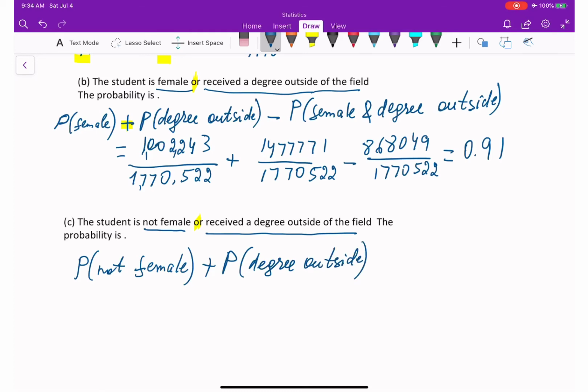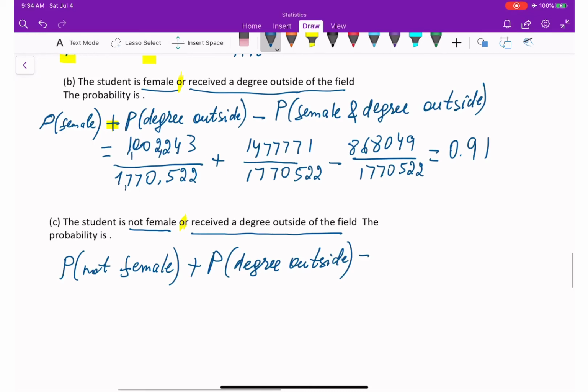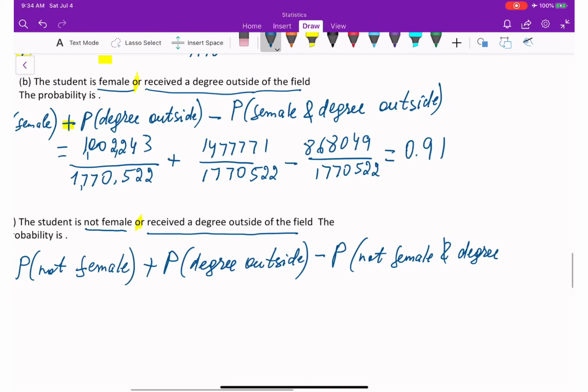And I know that female is a row, degree is in the column, so we are definitely going to have a duplicate, so minus probability of not female and degree outside.